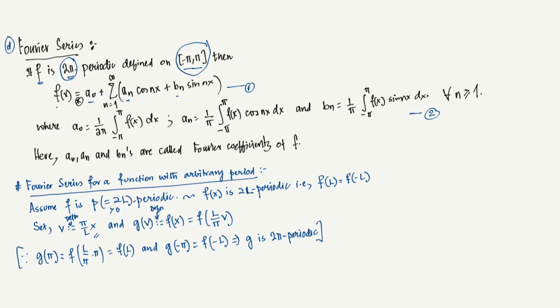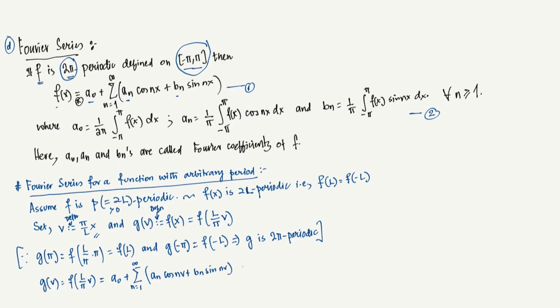Okay, so you see g of v, which is essentially f of L by pi times v. That's our definition. And that we can write as a naught plus summation n equals 1 to infinity an cosine nv plus bn sine nv.